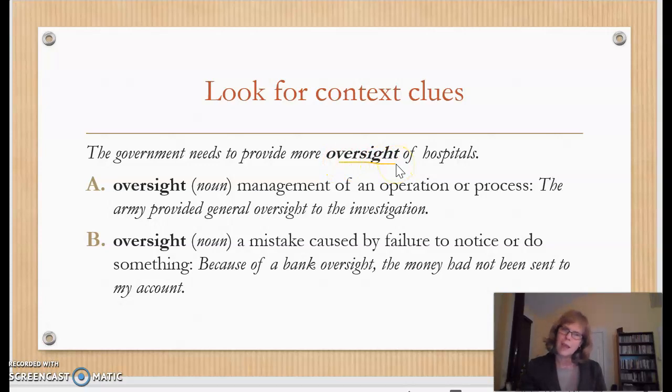Is that A or B? Both are nouns, but one of them matches the meaning of that sentence. If you chose A, I agree with you. It's talking about management of an operation, right? Hopefully you recognized, this is talking about the oversight of hospitals. Yeah, that matches A well.